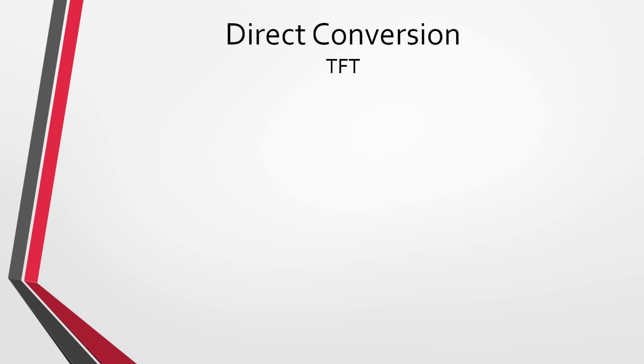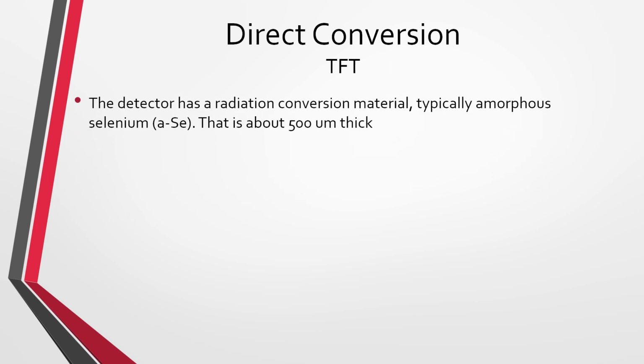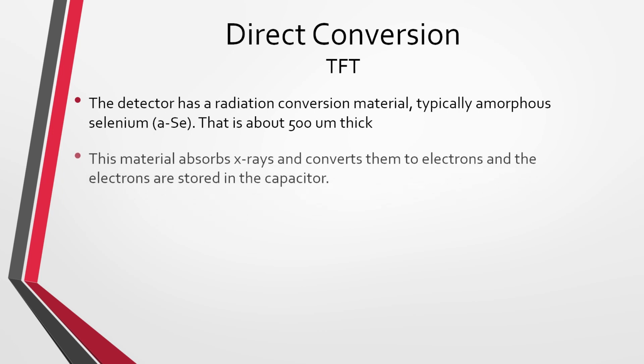So let's talk about the direct conversion type TFT. The detector has a radiation conversion material, typically the amorphous selenium or silicon, and it's about 500 micrometers thick. So it's very, very thin. It's 0.5 of a millimeter. It's 500 micrometers.